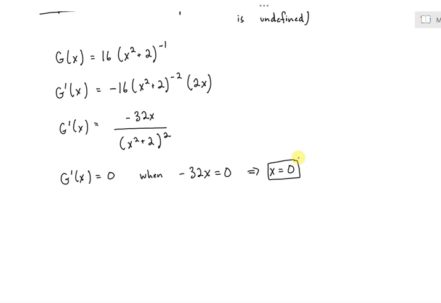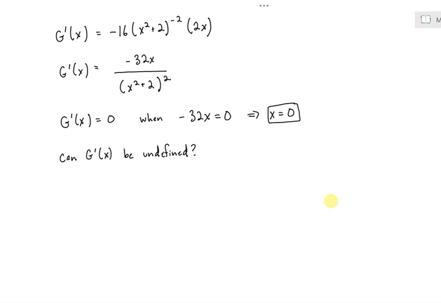Now, can it be undefined? Undefined is like asking about the domain of a function. So we have two rules. Can't take even roots of negative numbers.